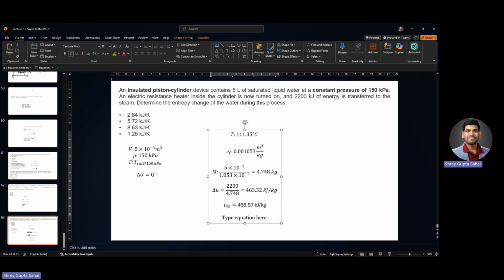Let me put U initial, U at x equals 0 and 150 kilopascals. Now U final will be how much? You have to just add these two numbers. 930.29.